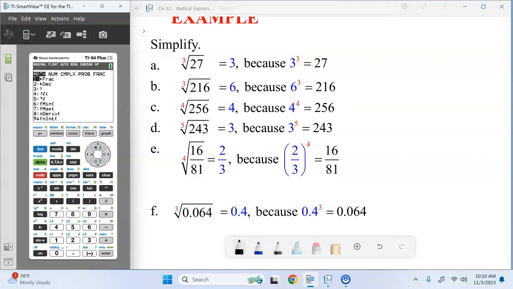If you need something higher, you have to go down to 5 for x root. And you can plug in your x root. And if I wanted to do the fourth root of 256, plug that in, and that's going to give us our value for the fourth root. We could do that with fractions as well within our math.